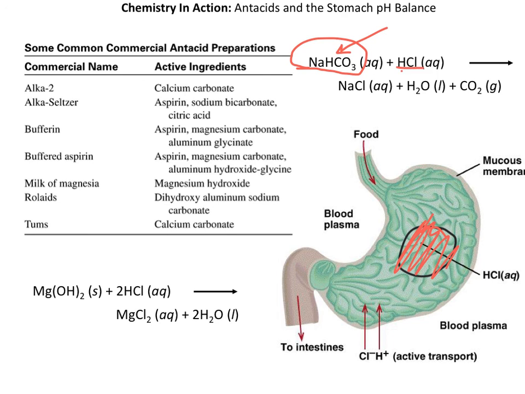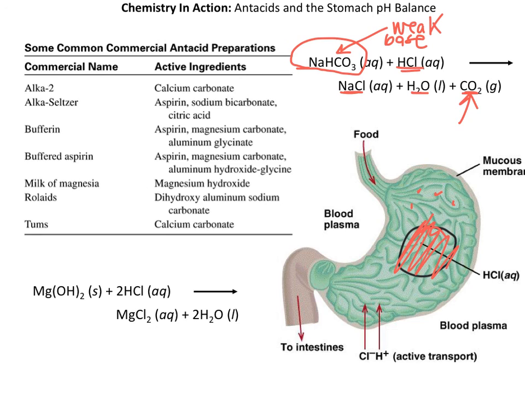This is a strong acid, which is in our stomach. We used the weak base to neutralize the strong acid in our stomach, and it ended up producing the salt and water. And in this case, it also produced some CO2, so there would be some bubbles there when this process took place.